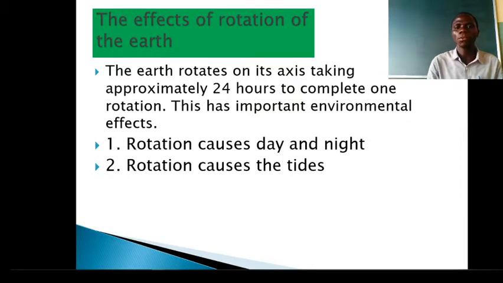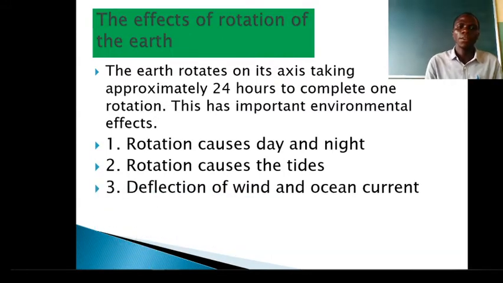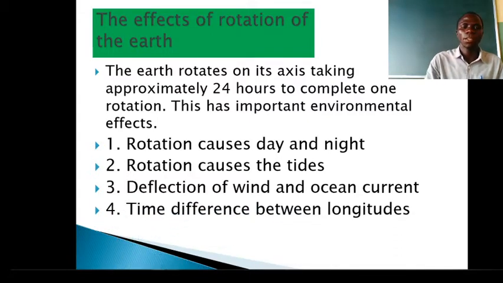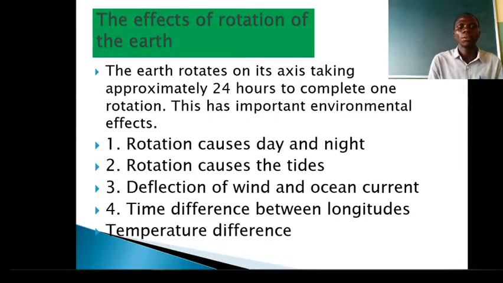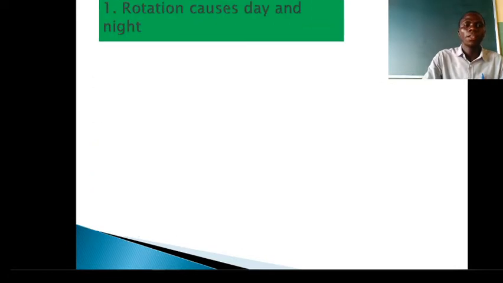Rotation causes also tides. Do you know tides? We are going to explain tides later on. Deflection of winds and ocean currents. Rotation also causes a time difference between longitudes. Lastly, rotation causes a temperature difference here on the Earth.